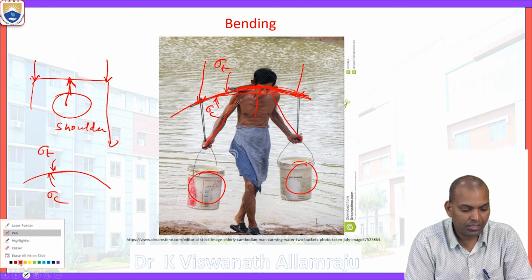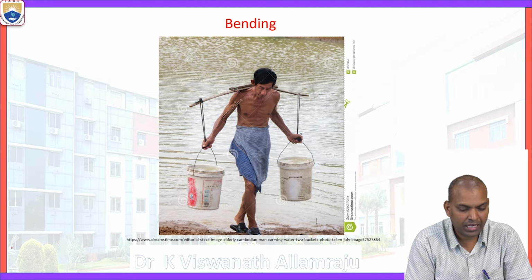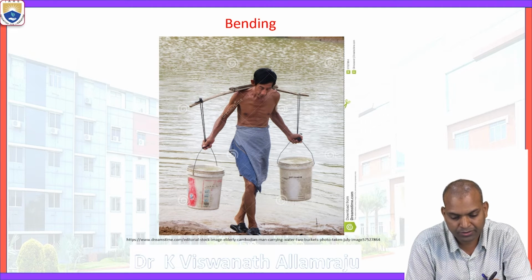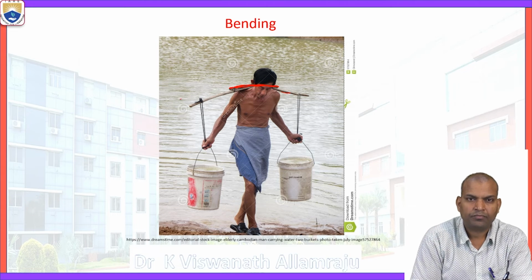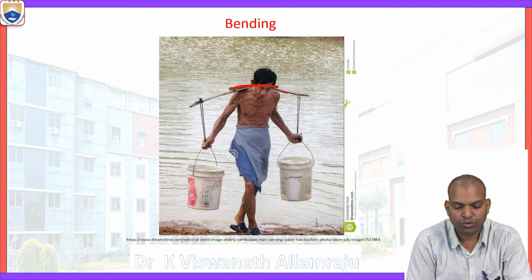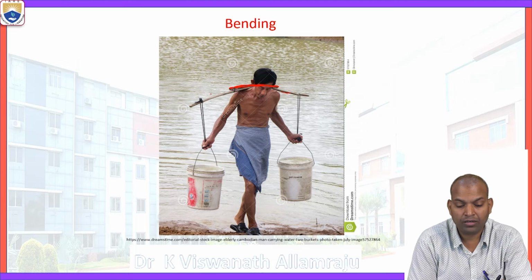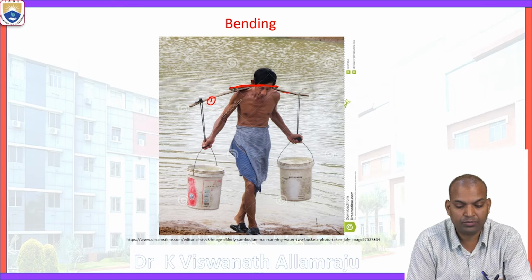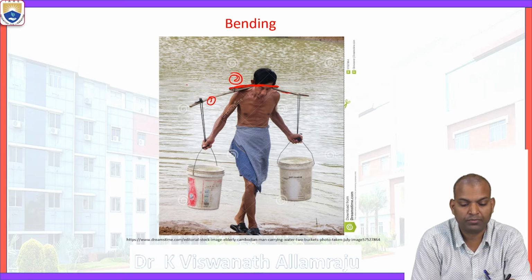Why? Already in this figure, the person who is carrying the water has tied this beam with another supporting bar in order to reduce the failure of bar 1. Here it is bar 1 and bar 2. Bar 2 is the supporting bar.